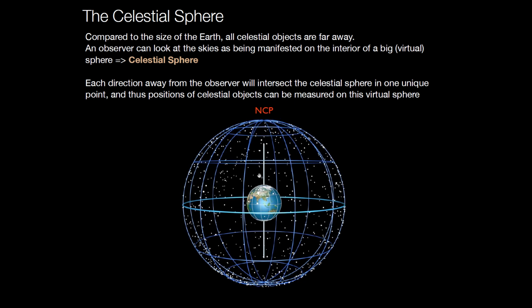The point that you get to on the sphere, if you project out the North Pole line, is called the North Celestial Pole, or NCP. The point on the sphere, if you project out the South Pole line along the axis of rotation, is called the South Celestial Pole, or SCP. The line that corresponds to where the equator is projected out onto the sphere is called the celestial equator.